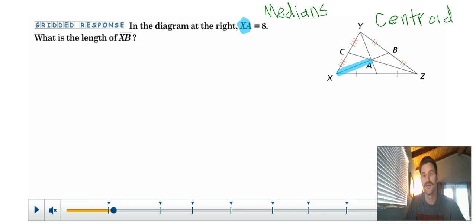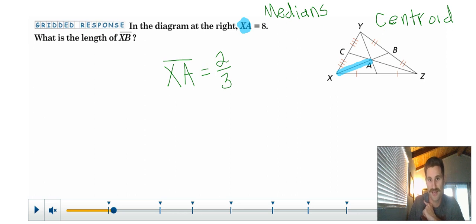So the distance of XA, let's go ahead and write this out, the distance of XA is equal to 2/3 of the entire segment XB. Okay? So it's 2/3 of XB. Now we know XA is 8, so this is 8.